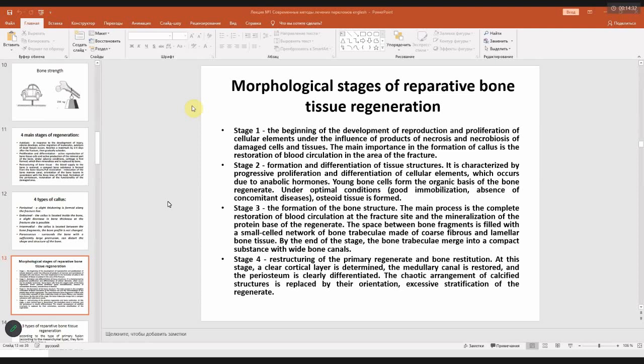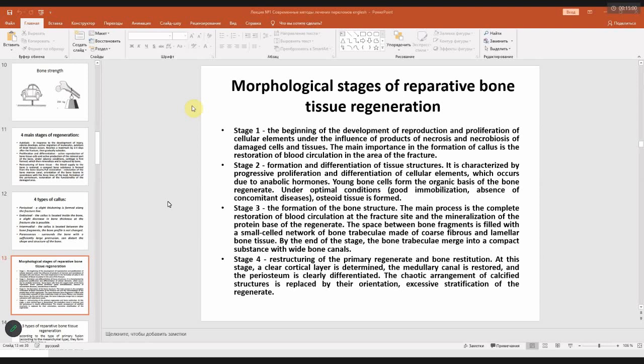Morphological stages of reparation, bone tissue regeneration. Stage 1, the beginning of the development: reproduction and proliferation of cellular elements under the influence of products of necrosis and necrobiosis of damaged cells and tissue.